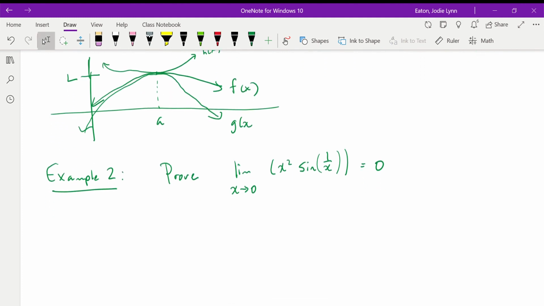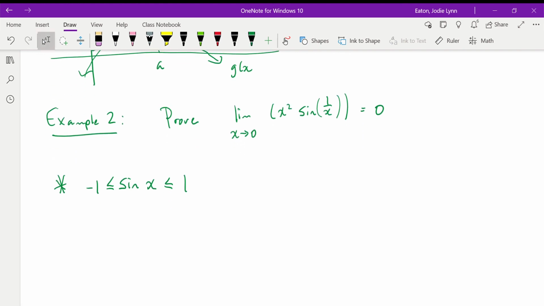And this theorem is really, really useful with trigonometric functions. Why? Because we know for sine and cosine that sine x is always between -1 and +1. It never goes outside -1 and +1. So we can do some pretty interesting stuff here.